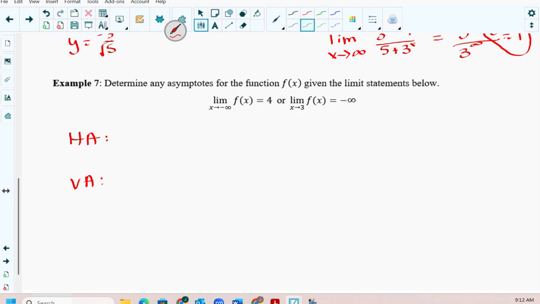We definitely have a vertical when it is approaching 3, so we can say we have a vertical asymptote at x equals 3. Yep. And think about this. It says as x approaches negative infinity, so the left end, your graph is approaching 4. So y equals 4 is one of your horizontal asymptotes. Okay?